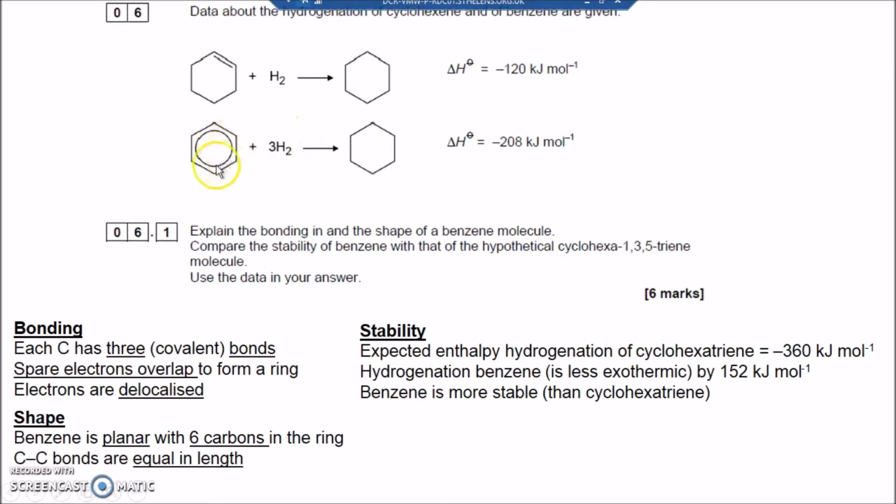So 3 hydrogens should release minus 360, but there's a difference of 152. If you take the 208 away from the minus 360, it's 152 kilojoules away from the value that we'd expect. That shows that benzene's more stable. It gives out less energy when it reacts. That means it's more stable.